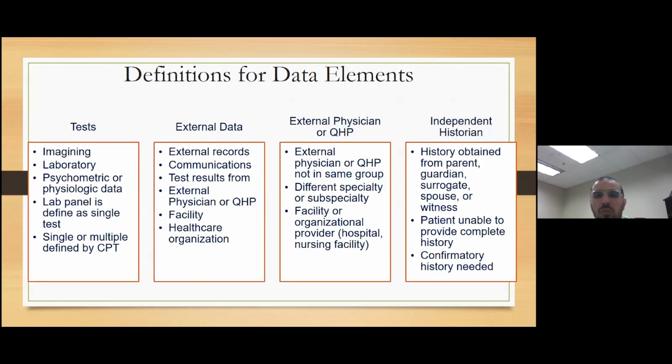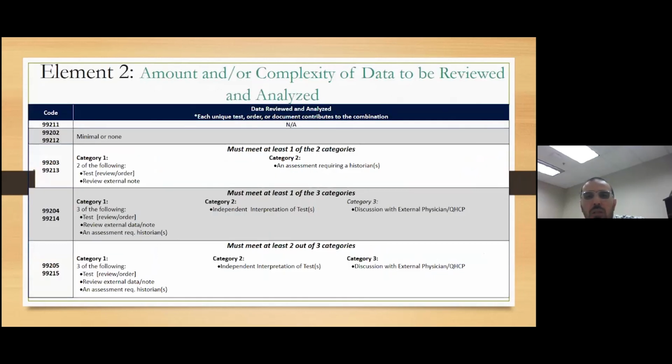And obviously, if you obtain a history, many geriatric patients have a guardian or surrogate or reliable source of information who can give you that, that is another level of service you're able to add to your patient's level of billing.